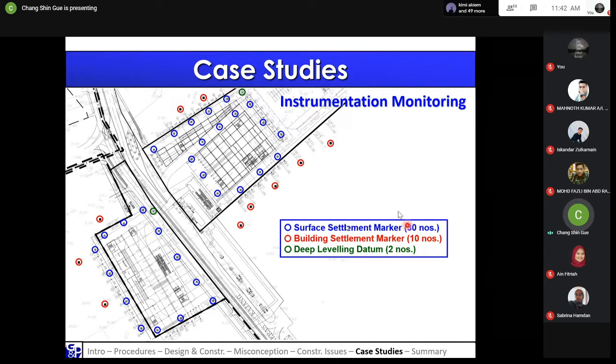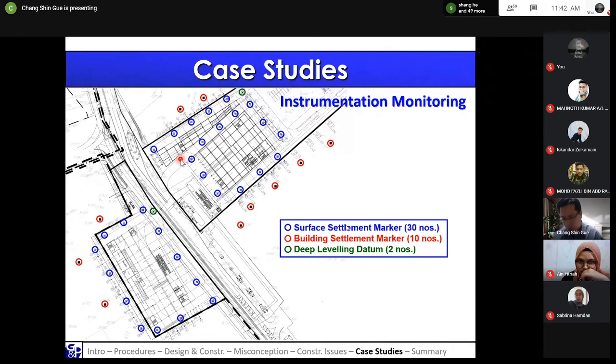But if you have such monitoring, you can pull out the record and show that during the construction you monitored the whole time and there was no settlement on their building. So that way you can protect yourself and your client. So it works both ways: the monitoring is important for your own site and also to protect yourself. That is why we have instrumentation monitoring during construction.